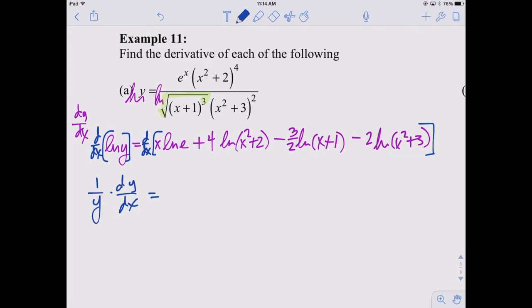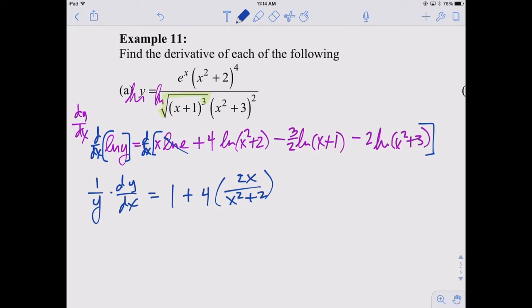What's the derivative of x natural log of e? 1, because the natural log of e is 1, right? And the derivative of x becomes 1. Plus 4 goes along for the ride. The derivative of the natural log of blob is 1 over blob. So 1 over x squared plus 2 times the derivative of x squared plus 2, which is 2x. So are you okay with the way I did that?